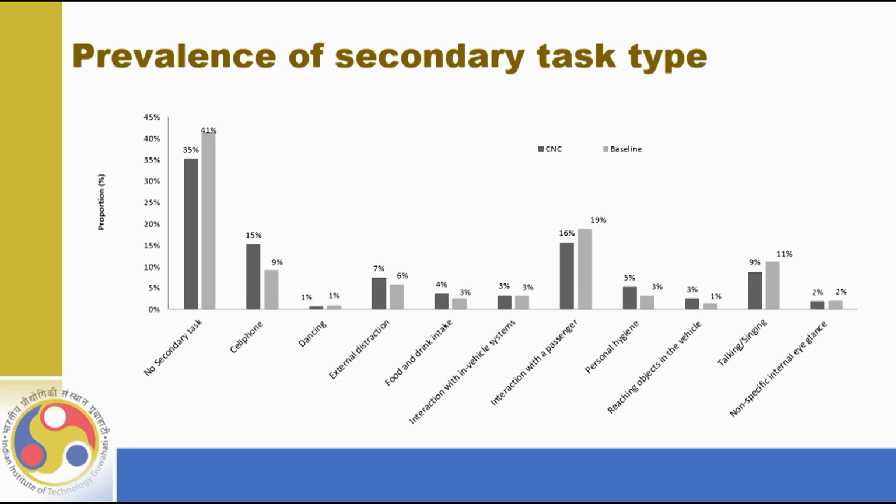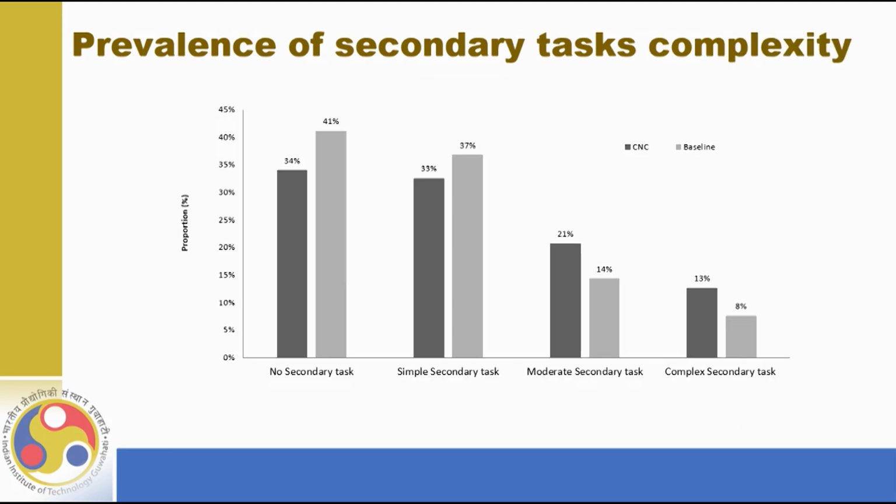It is followed by cell phone use, with 15% of crashes and near crashes, and 16% for interacting with passengers. So you can see all these different secondary tasks associated with crash events and baseline events.